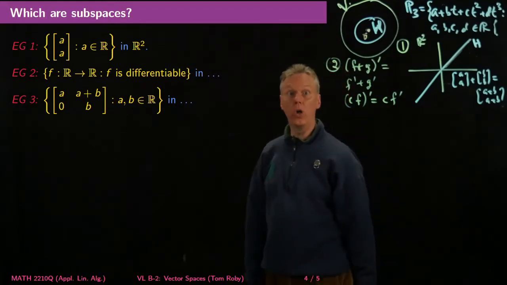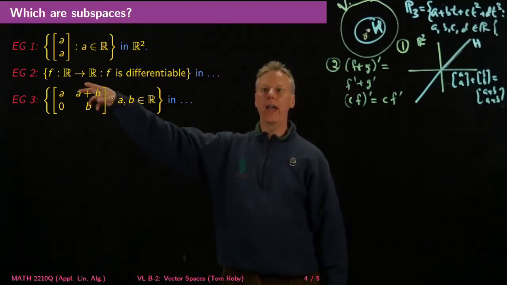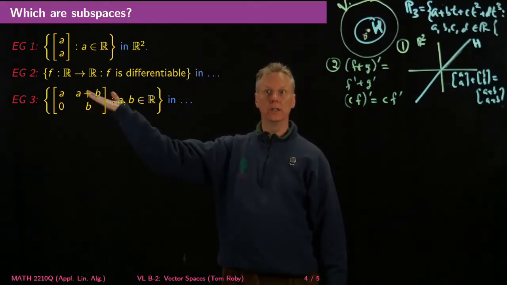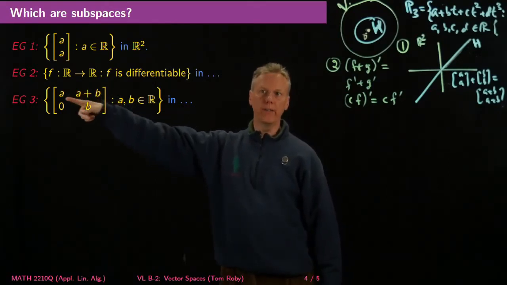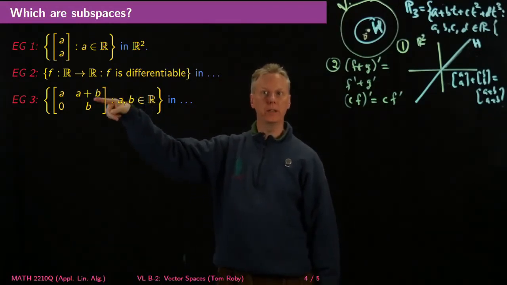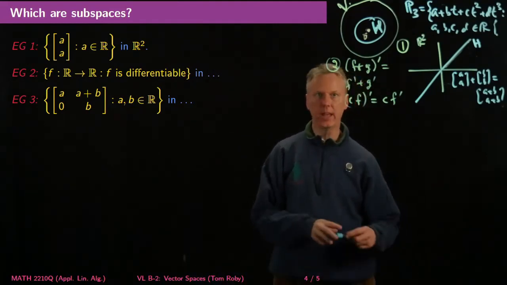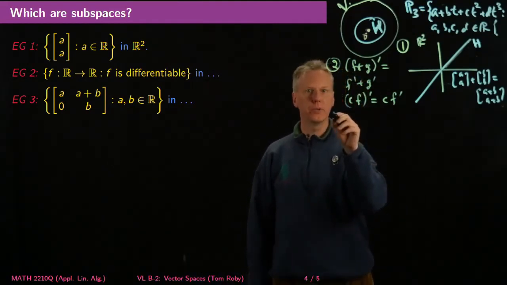How about the set of all 2 by 2 matrices that have this form? So I can have anything I want on the diagonal, and the thing up here has to be a plus b. That has to be 0. What happens if I add two matrices that look like that? So this is for 3 now.